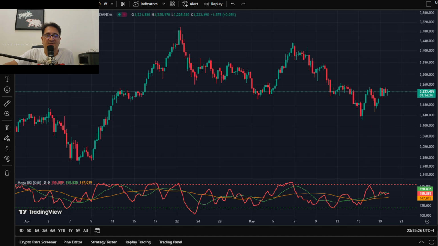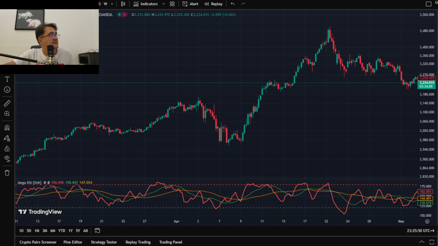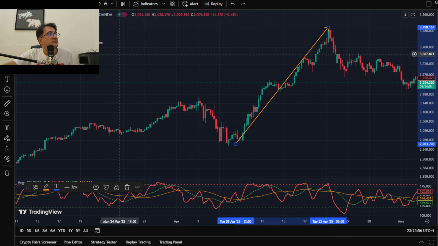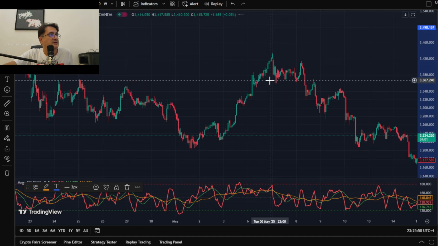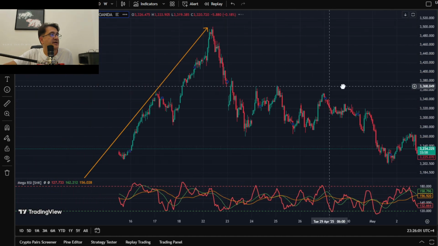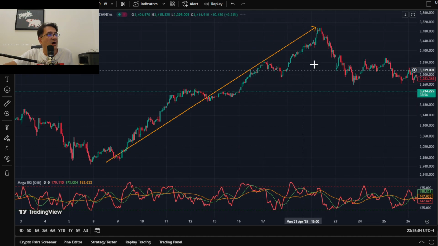And when you have a confirmation on a trend, look at it in multiple time frames. It should relate in all time frames, but don't go too far from your main time frame. For example, if you are in a 4-hour chart and you see an uptrend like this, let me draw an arrow here. If you go to the 1-hour chart, you still should be able to see that uptrend.